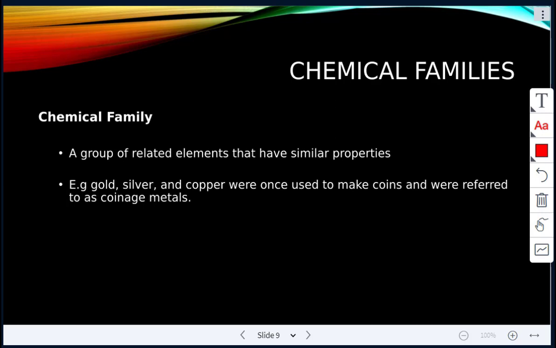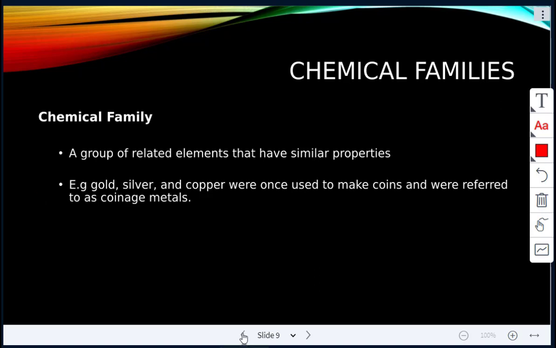Next we are going to start talking about chemical families. Chemical families on the periodic table are also called groups. So it's either going to be called a family or a group. The definition of a chemical family is a group of related elements that have similar properties. For example, in the past, gold, silver, and copper were once used to make coins, and they were referred to as coinage metals.